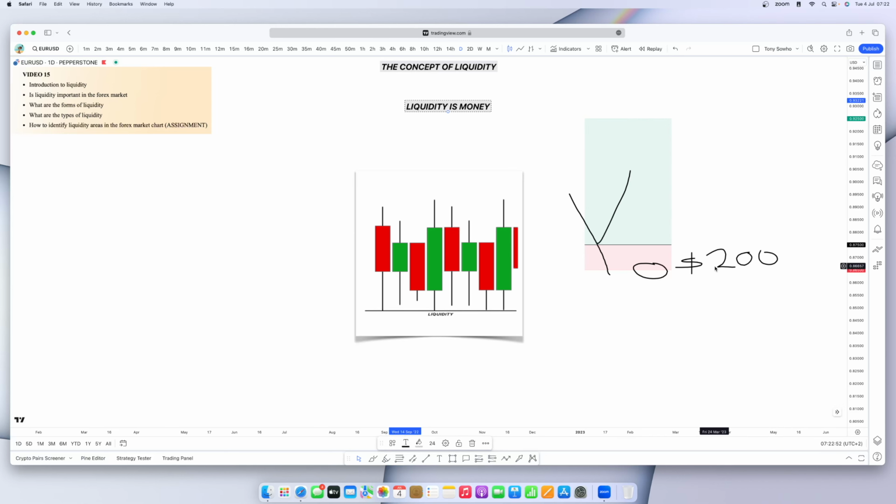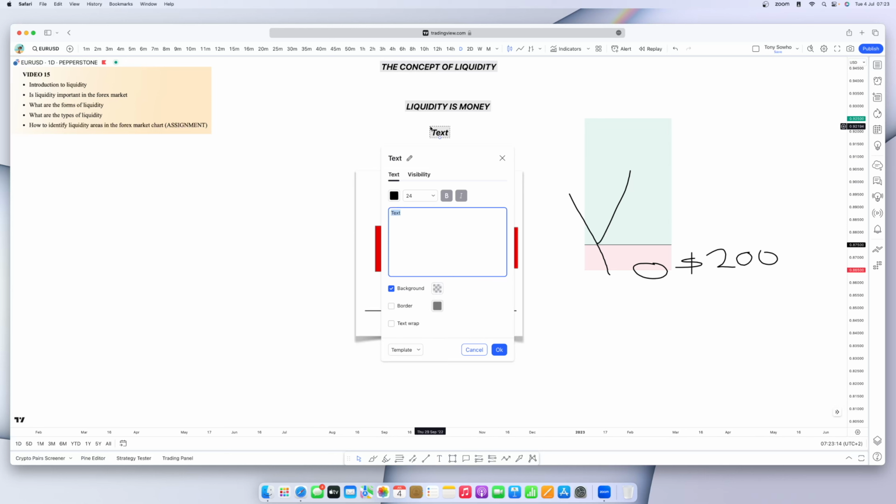Just use yourself, for example. You're getting in here, you have a 100 pip stop loss. But that stop loss itself is $200 you're risking on that trade. So we can say money itself, or we can say stop loss itself is money.